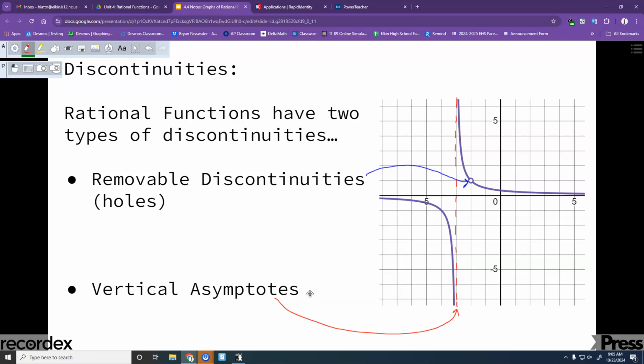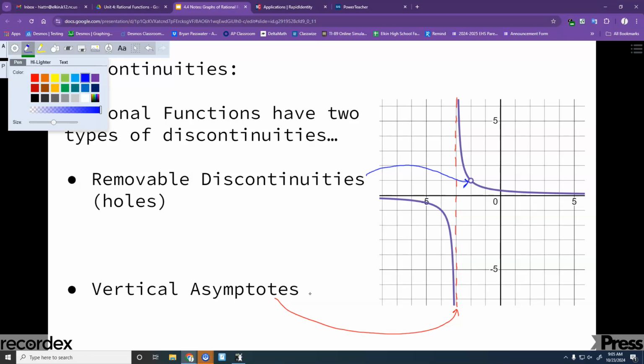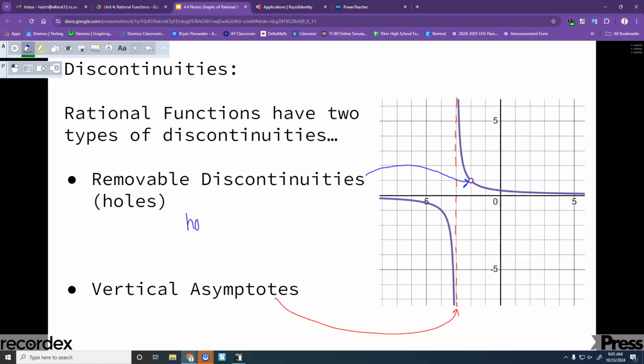So for this graph, we would say that we have a hole at x equals, what's the x coordinate where that hole is at? Are you sure it's 2? -2. And we have a vertical asymptote at, what's our x value there? -3.